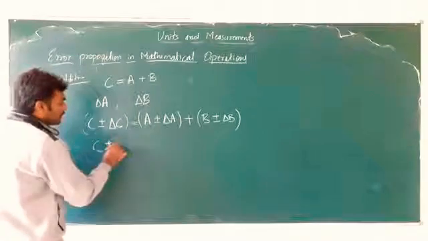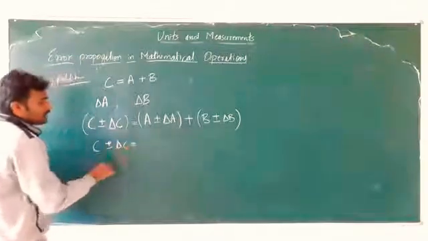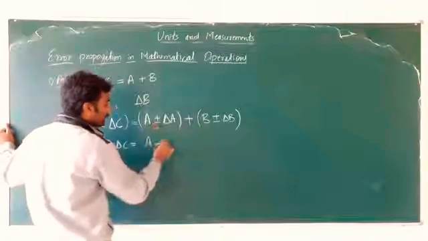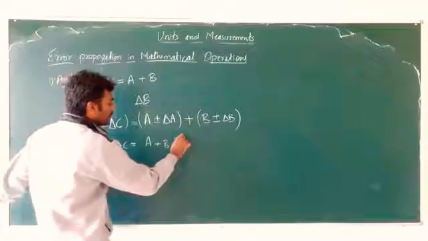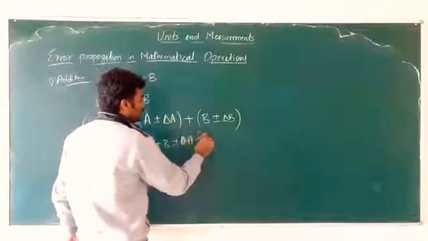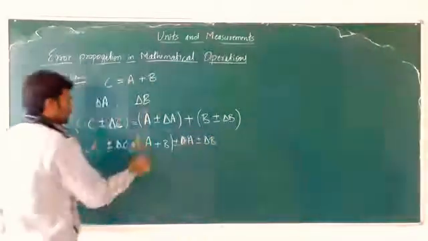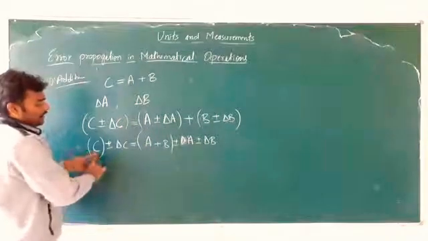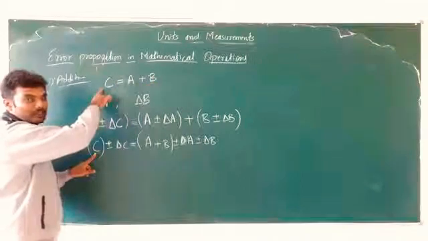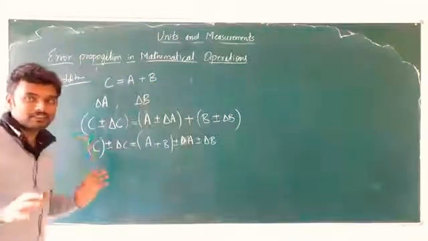Before that, C plus or minus delta C is equal to A plus B, plus or minus delta A plus or minus delta B. Now you see, here I have C and here I have A plus B. A plus B is equal to C. That is what the theory says, isn't it?